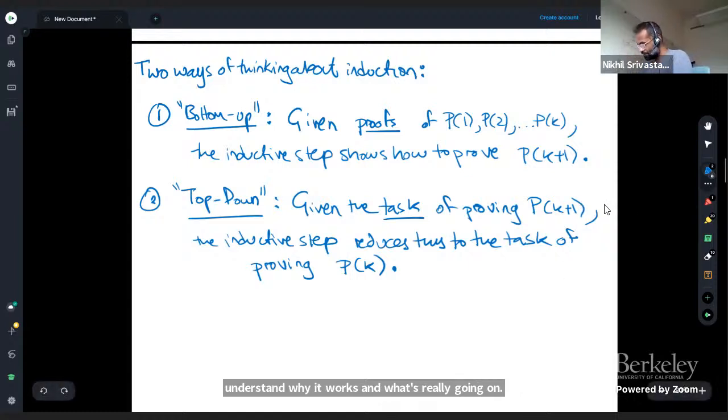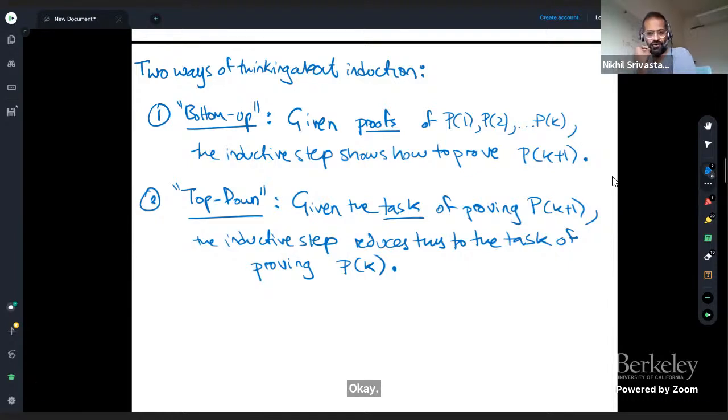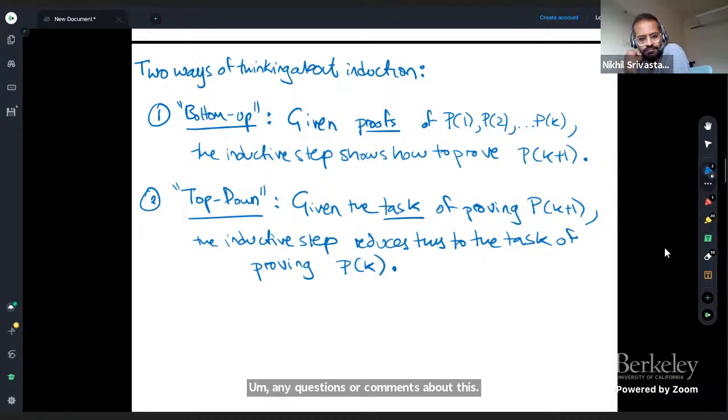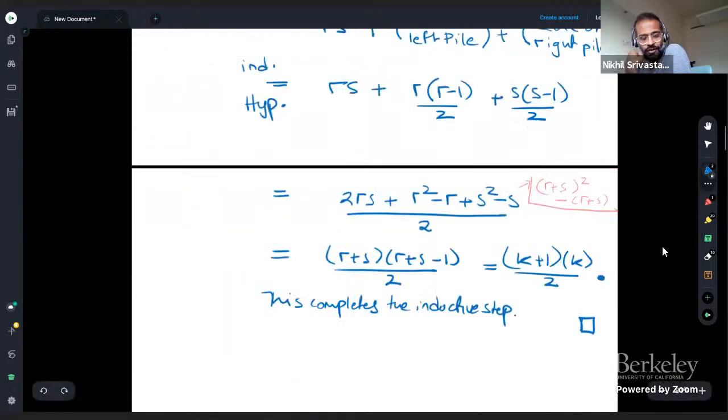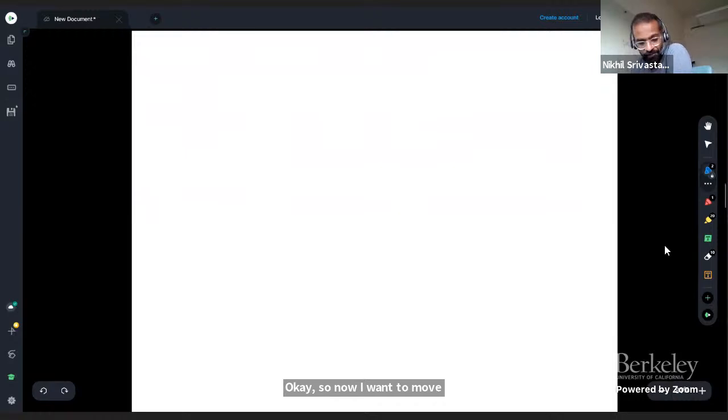Okay. Any questions or comments about this? Okay. So now I want to move on to a related topic, which is recursive definitions of functions.